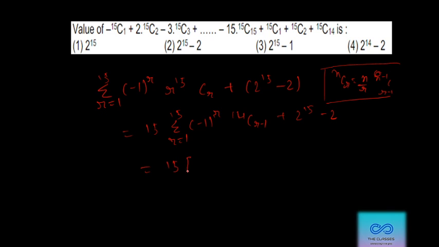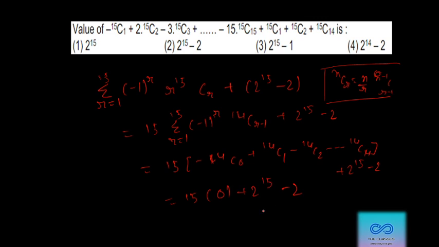After solving this, we will get 14c0 minus 14c1 plus 14c2 and so on up to 14c14, plus 2 to the power 15 minus 2. So the final answer will be 15 into 0. All these terms will be 0, plus 2 to the power 15 minus 2. So the answer will be 2 to the power 15 minus 2. Which option is matching? The second option. Moving on to the next question.